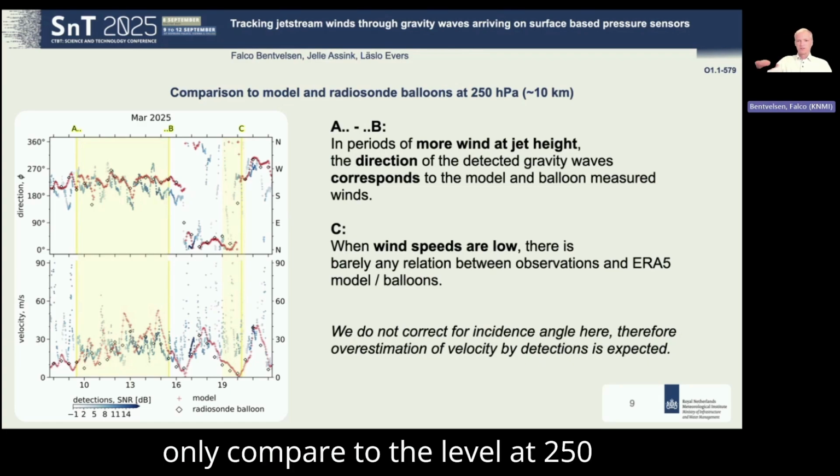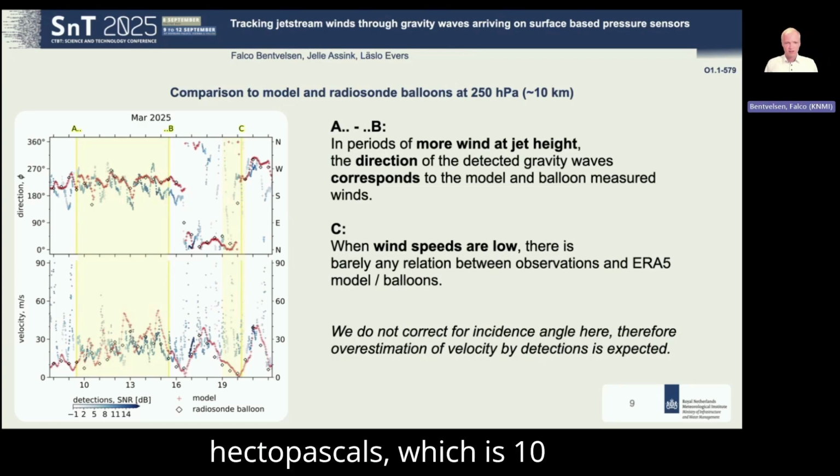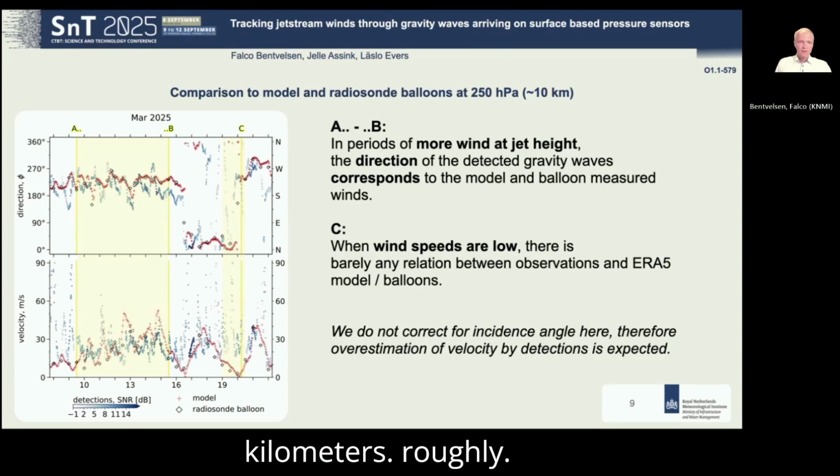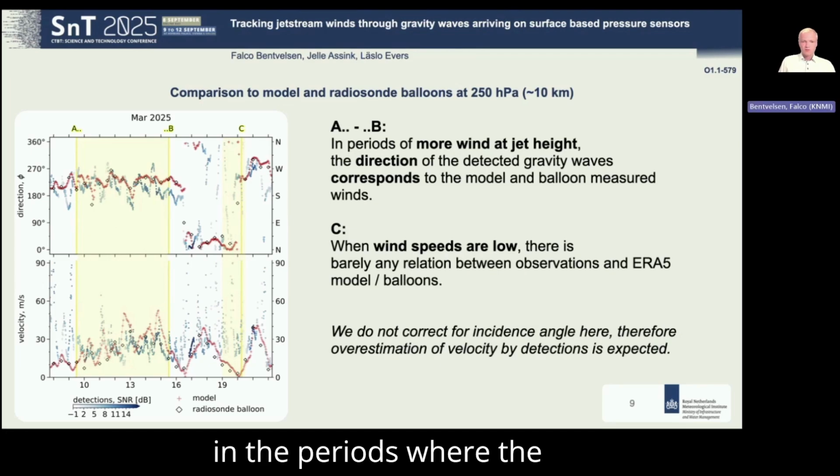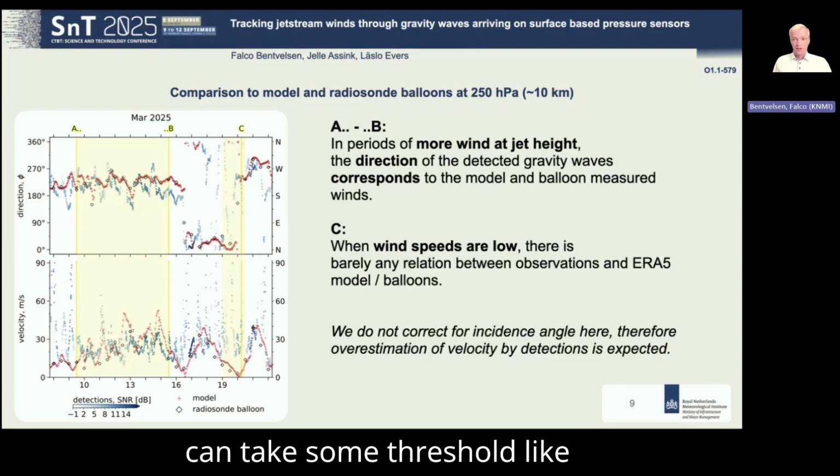Here we only compare to the level at 250 hectopascals, which is 10 kilometers roughly. And there we can see that in the periods where the wind is stronger, we can take some threshold like jet stream.